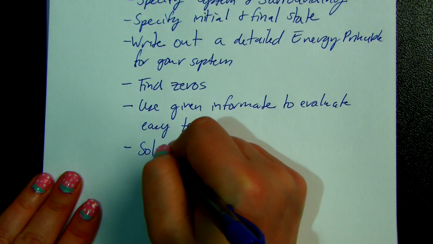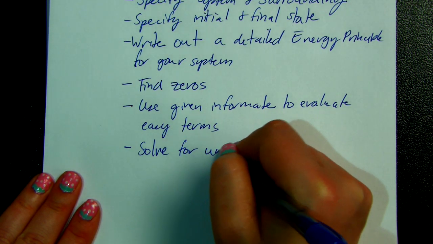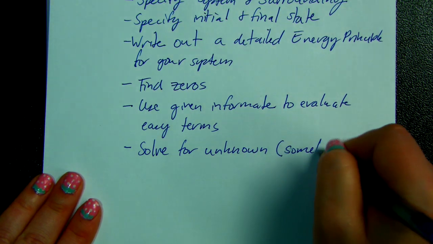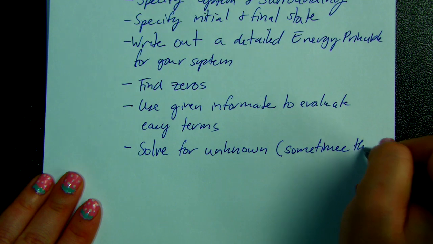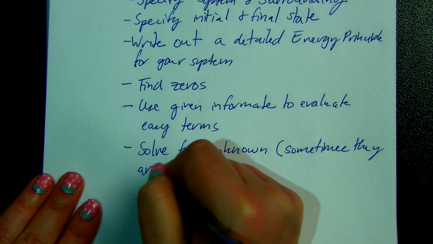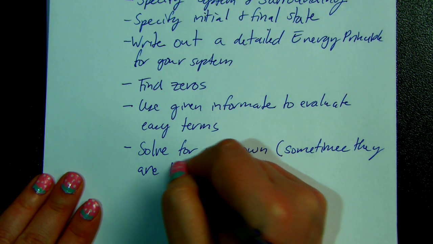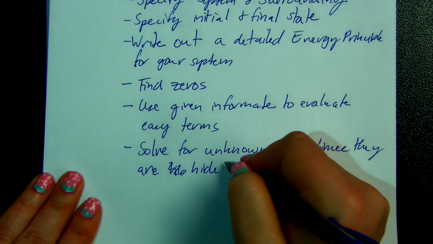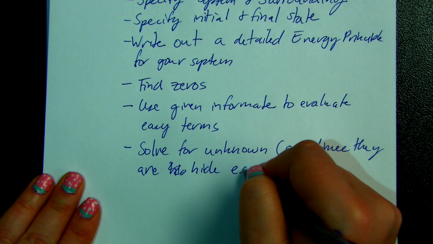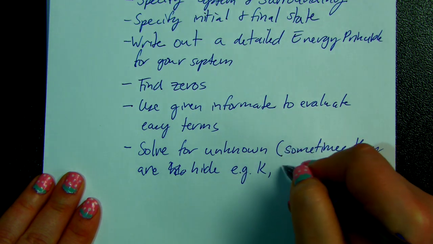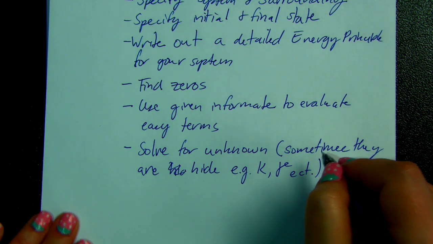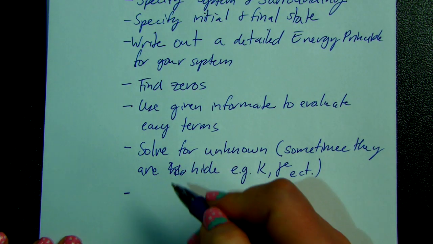Then you solve for the unknown. And remember, sometimes our unknowns hide. For example, if your unknown is velocity, it might be hidden in kinetic energy. Might be hidden in the gamma factor, etc. So just remember, you may have more information than you realize.